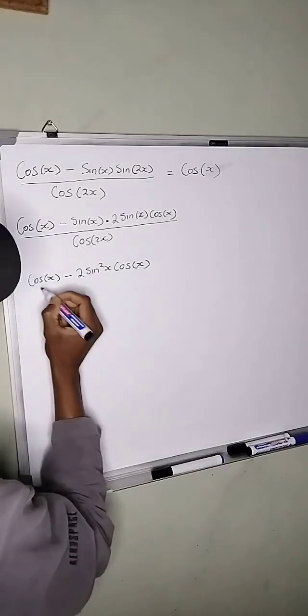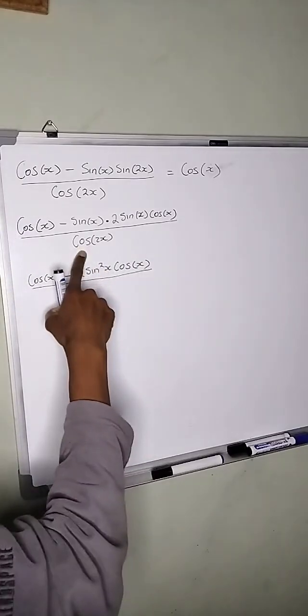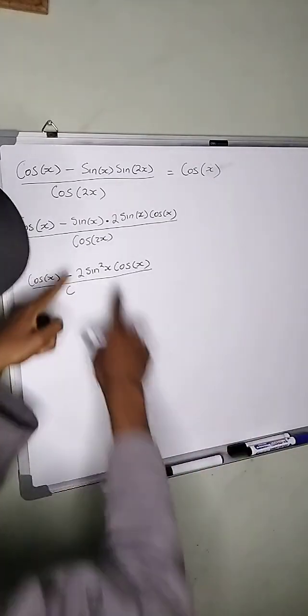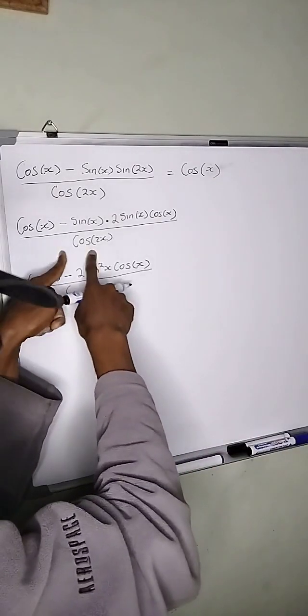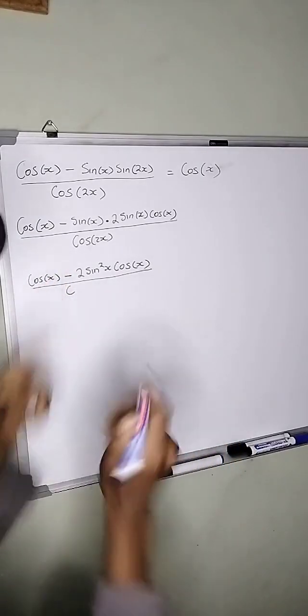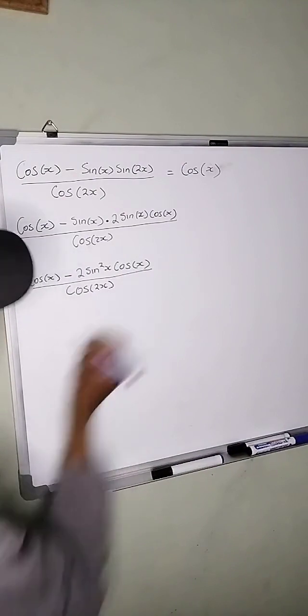Then divided by the denominator, I didn't change it. I'm still maintaining it. Don't rush into changing this guy. So I'm going to say cos 2x.